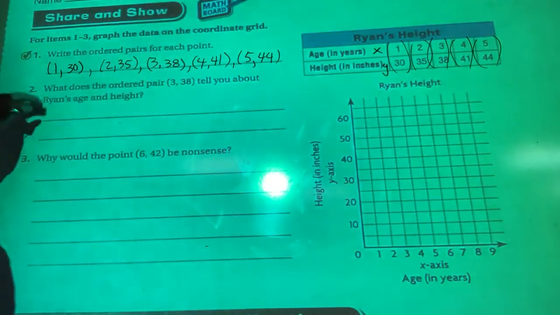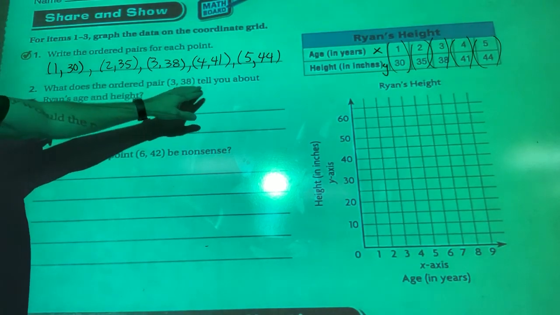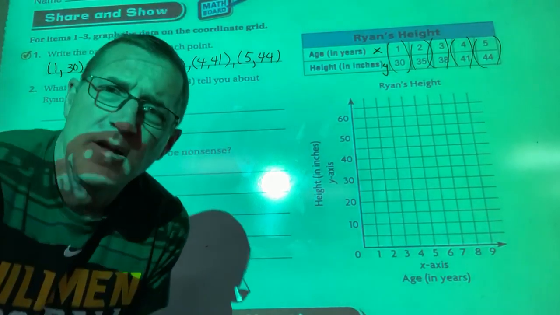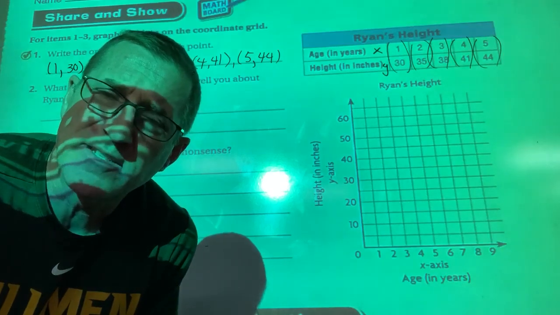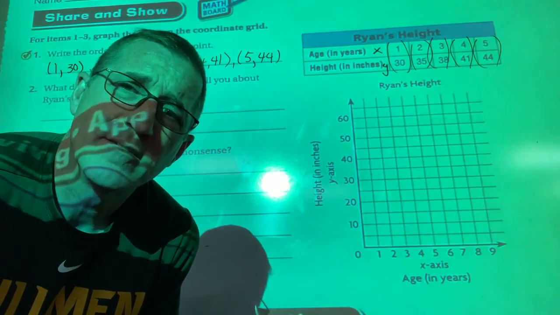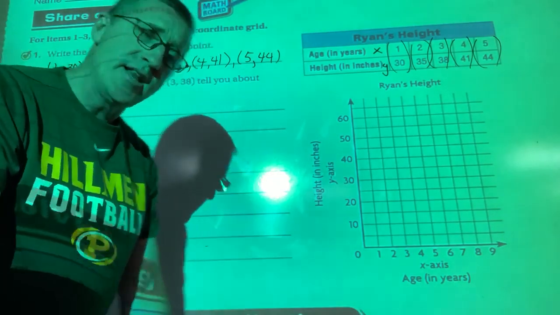All right? It says here, my next question, this should be an easy one for all of us. What does the ordered pair 3, 38 tell you about Ryan's age and height? 3, 38, was he 3 inches tall at the age of 38? That'd be weird, right? So at 3 years old, he's how tall? Boom, 38 inches.